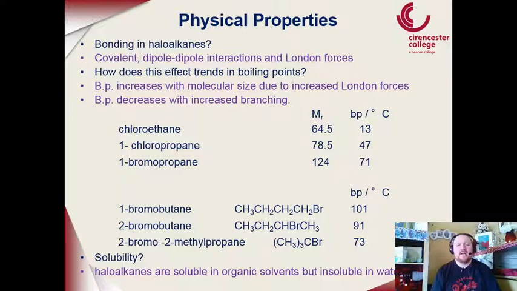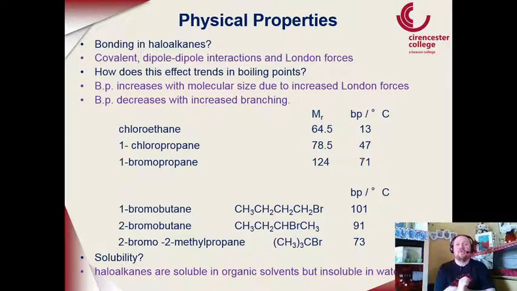If we look at 1-bromopropane, for example, this one here has a formula mass of 124. We have a bromine attached to it. And bromine, as you know, has lots and lots of electrons, which means it will have higher London forces.